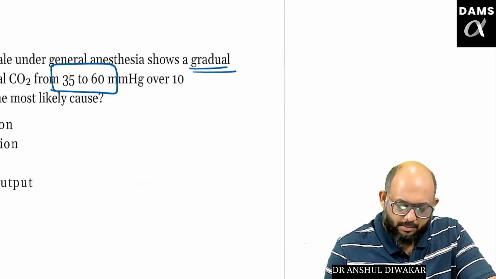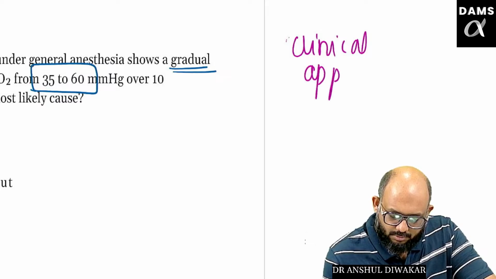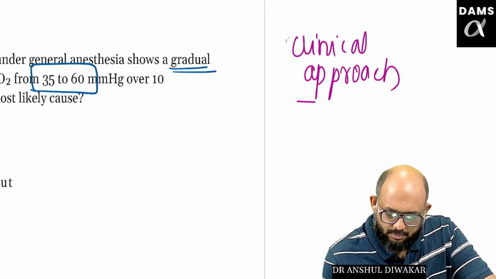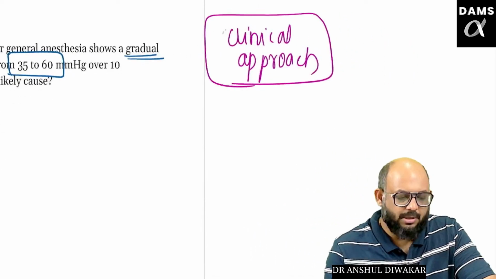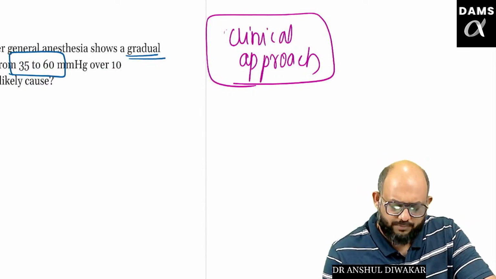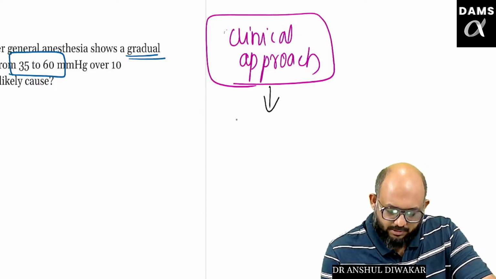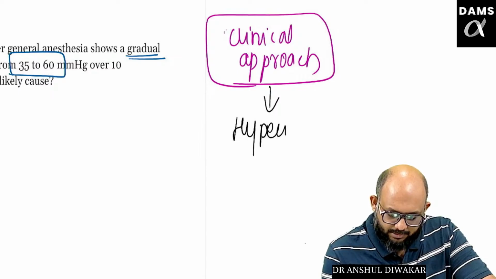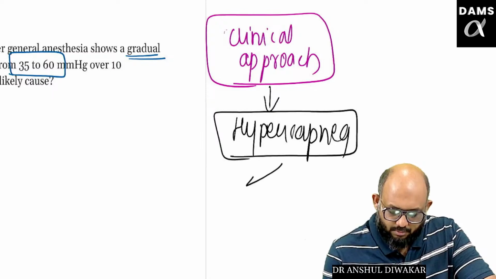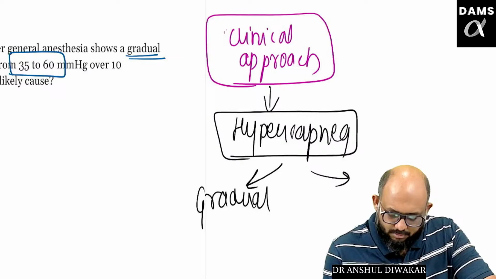I always told you, whenever there is a clinical based question, always look at whether there is hypo or hypercapnia. Here it is hypercapnia, 35 to 60. Always ask whether it is gradual or sudden.